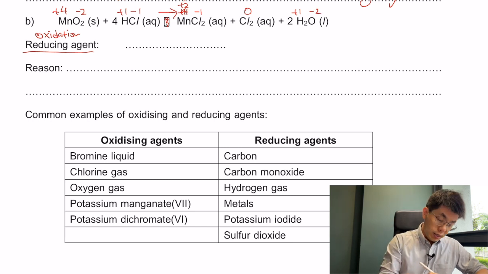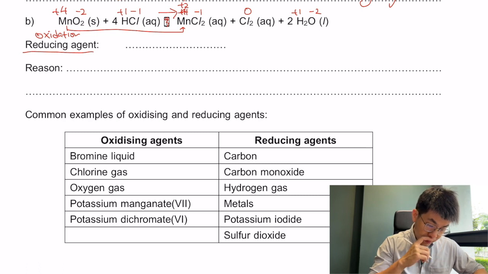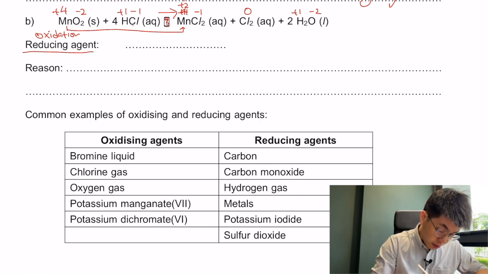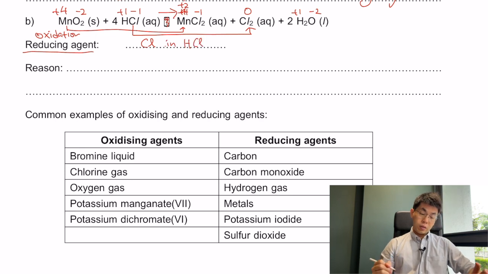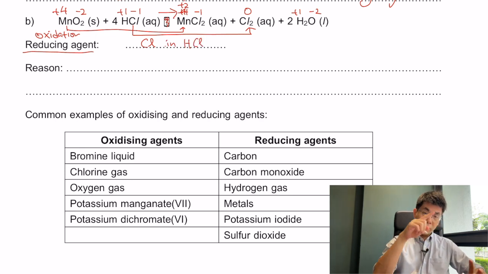So what I can see is that the Mn decreases oxidation state, but the Cl, oh here, from minus 1 to here 0, almost didn't catch it. So the one that oxidized was the Cl in HCl. Okay, the Cl in HCl goes from minus 1 to 0.